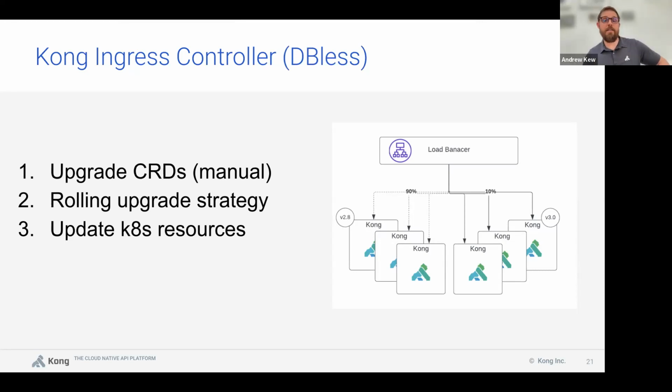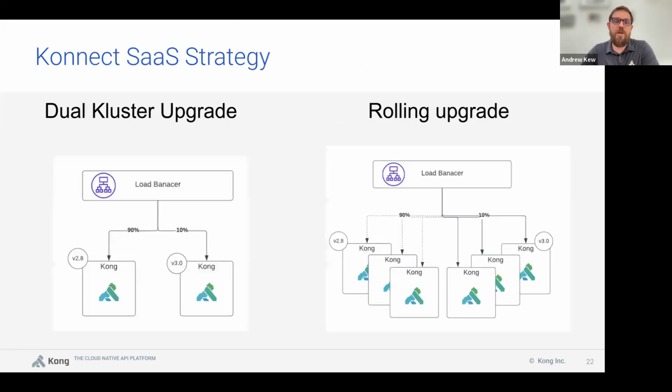It will be marked in the change log for the Ingress controller. If you need to, you'll need to upgrade your CRDs manually, do your rolling upgrade strategy, and then lastly, upgrade your Kubernetes resources. Any of them that have changed, if there's been a plugin change or a configuration change, that's something you can do after your upgrade. So that's all of your enterprise upgrade strategies.